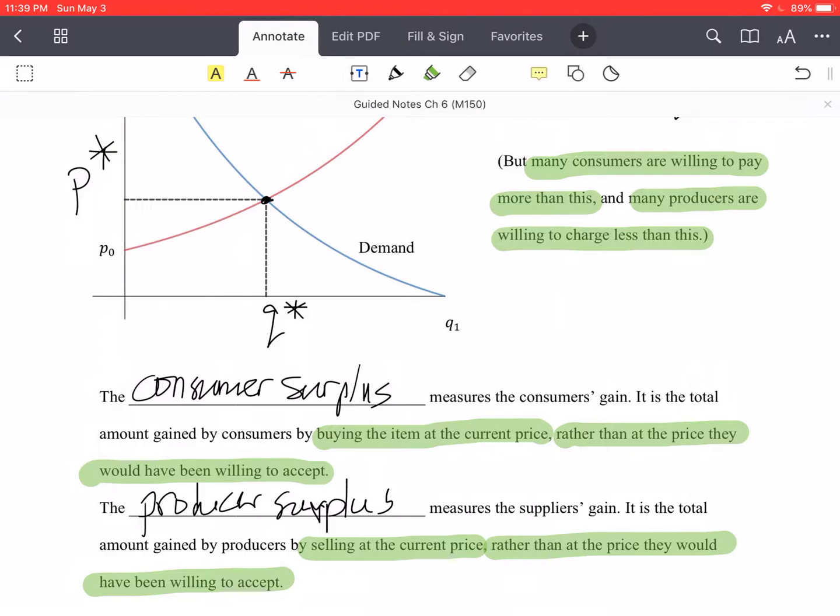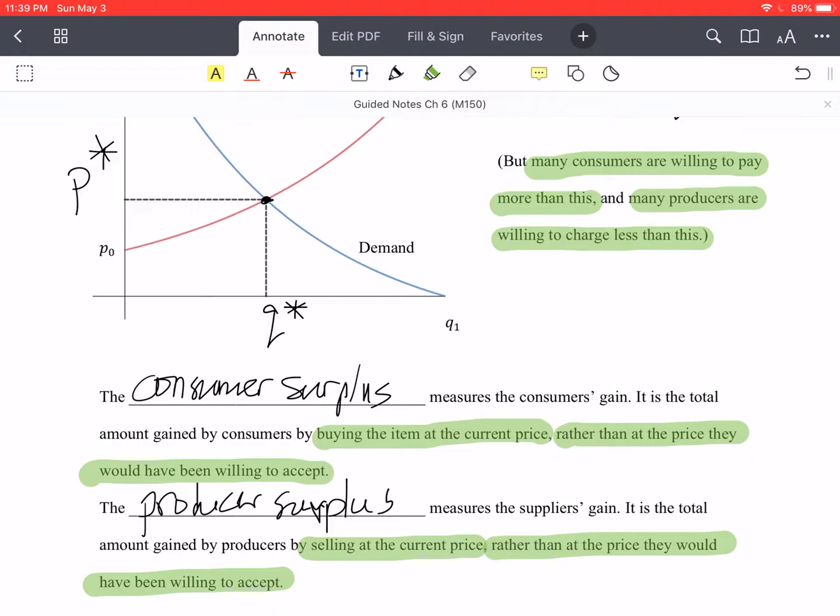So again, now I'm a supplier, I'm a producer, and I'm selling my candy bars for $1. But if I really had to, right, if the market dictated it, I could charge as little as 50 cents for my candy bar, right? So I'm willing to charge as little as 50 cents, but I didn't have to. I was able to charge a full $1. And because of that, I actually gained an extra 50 cents that I wouldn't have had if I had to charge the lower amount. Okay, that would be the producer surplus.